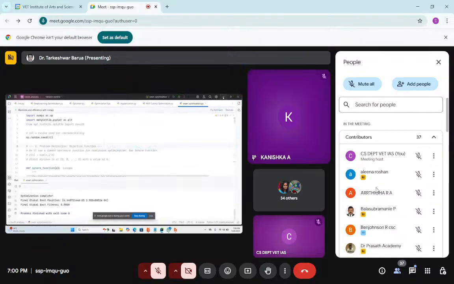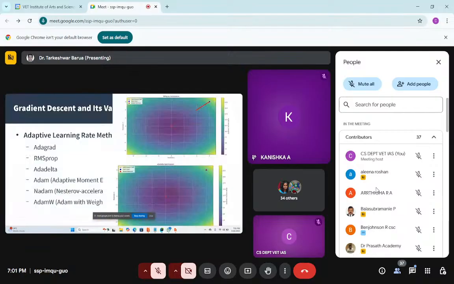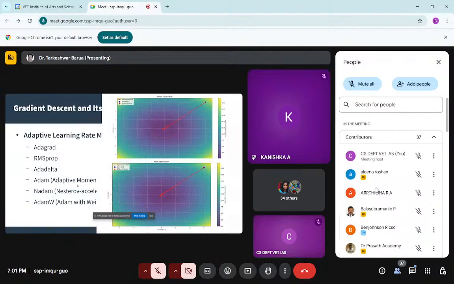All right. Time is not permitting me to go further. These are all the algorithms we have discussed: adaptive learning rate methods, AdaGrad, RMSProp, AdaDelta, Adam, and AdamW. This is based on weight optimization.